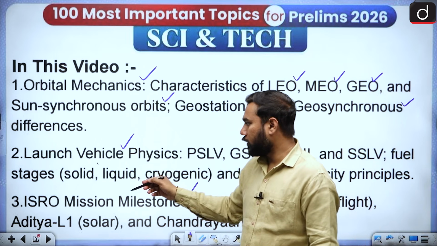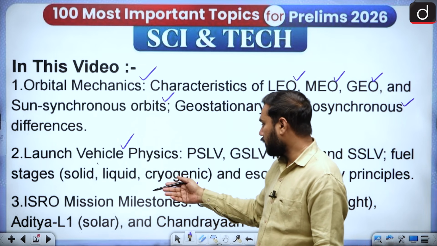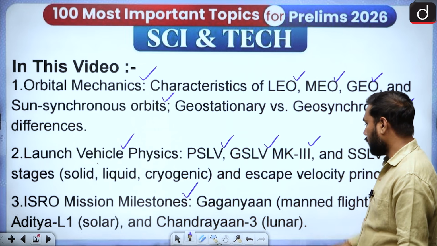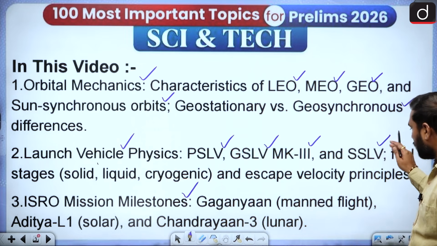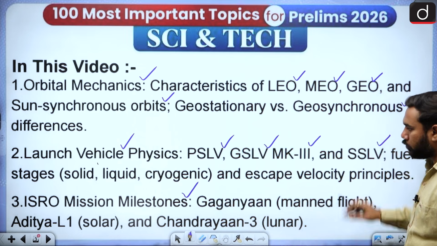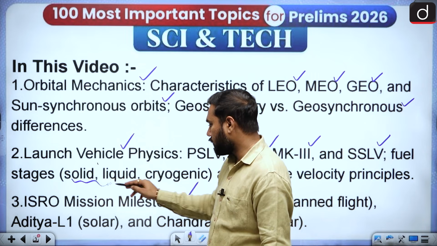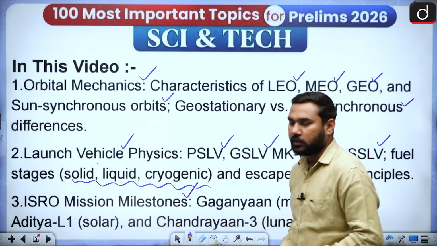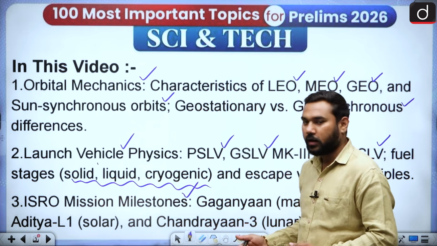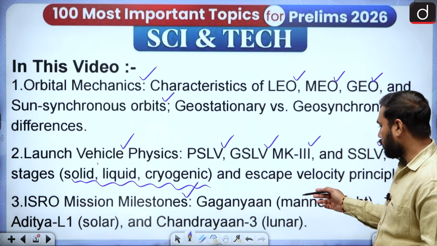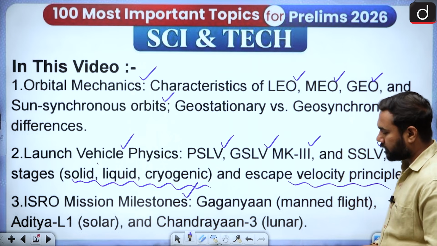And also in this video we are going to talk about launch vehicles. We have PSLV, we have the GSLV Mark III, and also we have SSLV, the new launch vehicle added with ISRO. And under this section we will also talk about the fuel system of our rocketry, meaning solid, liquid and cryogenic fuel types. And also we are going to talk about the escape velocity principles.